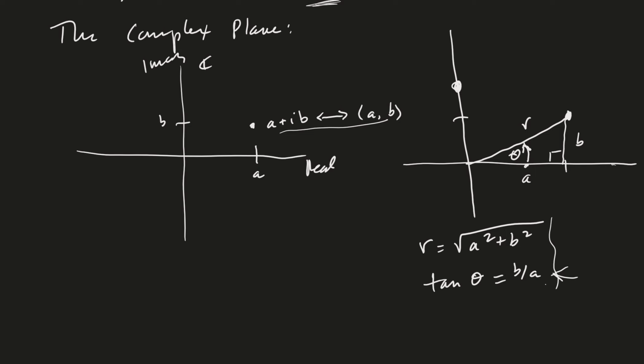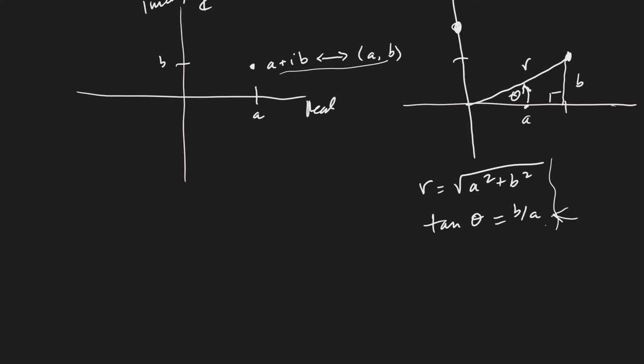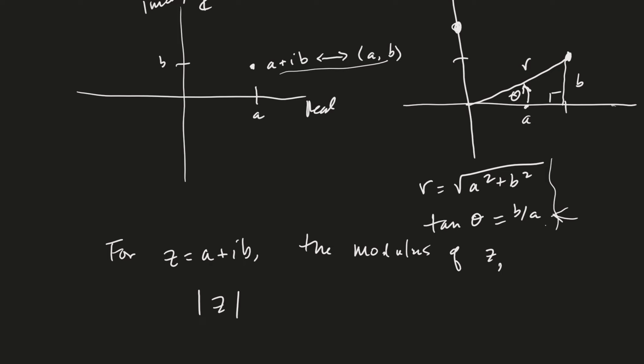Let's pause on that though for a second, because I don't want to get too far into that right now. But what I did want to do is just to define a couple of things. So for the complex number, we say that the modulus of z, which is abbreviated as the absolute value of z, is equal to the r up here, right, in the polar form of z, and so that is the square root of a squared plus b squared.